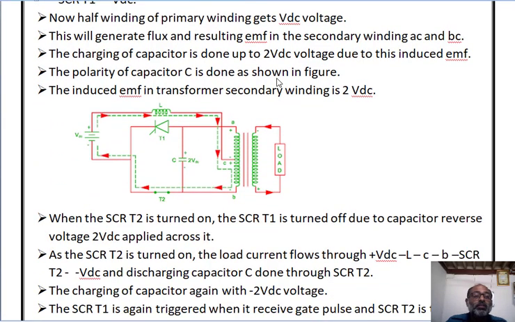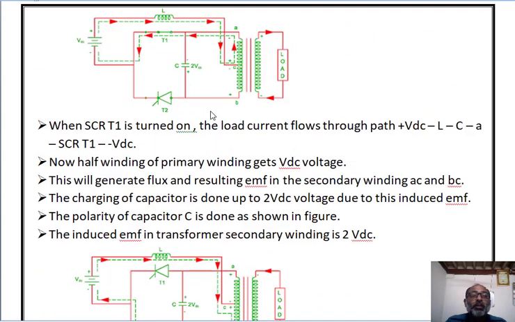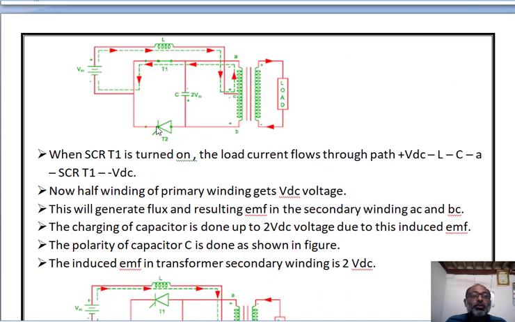Now next, when SCR T2 is turned on after some time, the reverse voltage appears across T1. You can see positive voltage is available at the cathode terminal of SCR T1 and negative voltage at the anode.